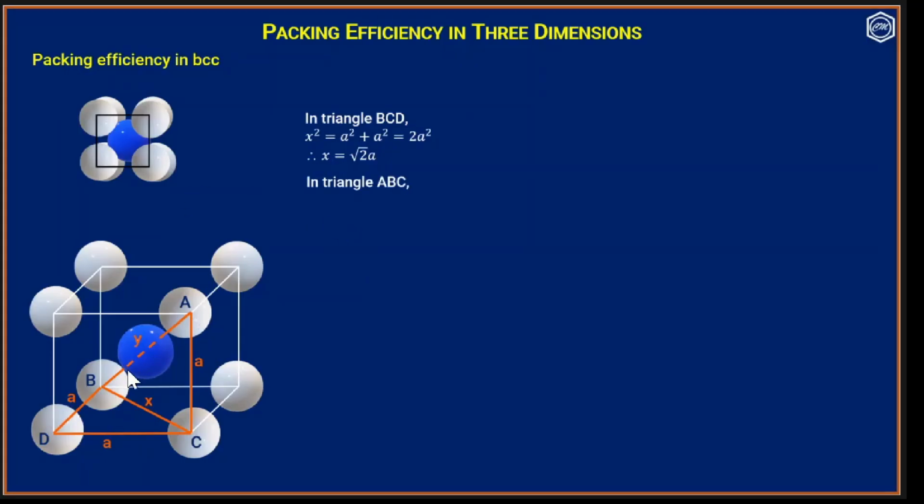In triangle ABC, now we have x, a and y. That also is a right angle triangle, so y square is equal to x square plus a square, that is (root 2 a) square plus a square, that is 3a square. So therefore y is equal to root 3 a. That is, the body diagonal in the body-centered cubic structure is root 3 a.